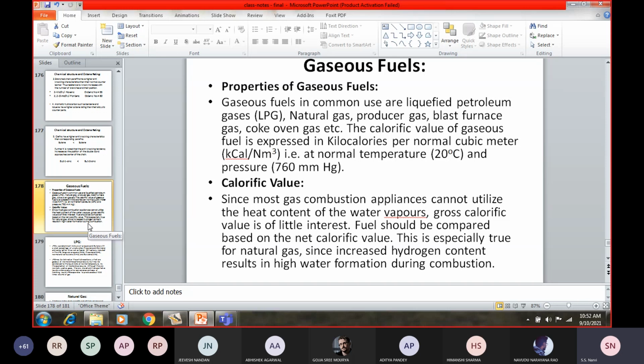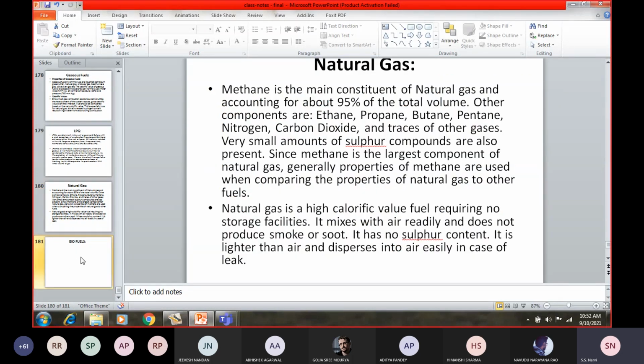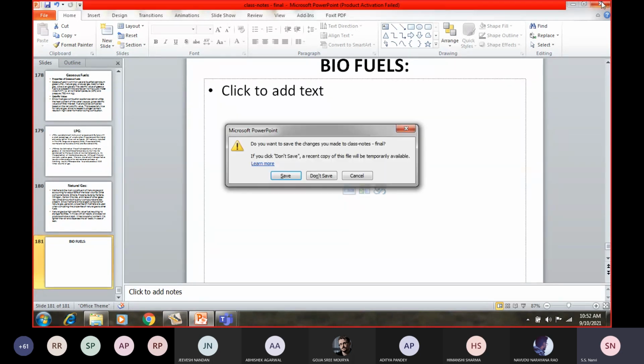Then gaseous fuel, some properties of gaseous fuel, LPG, natural gas, biogas, have not been covered, isn't it? So this is all about this syllabus.